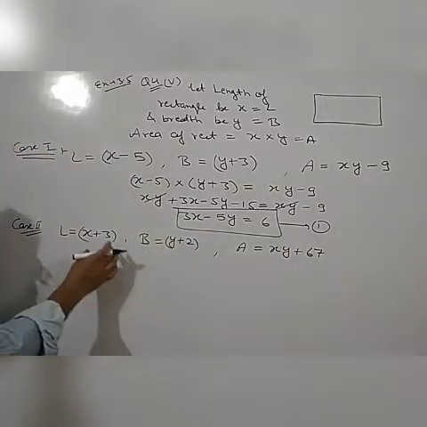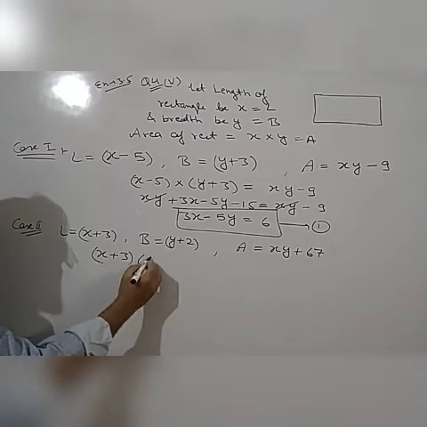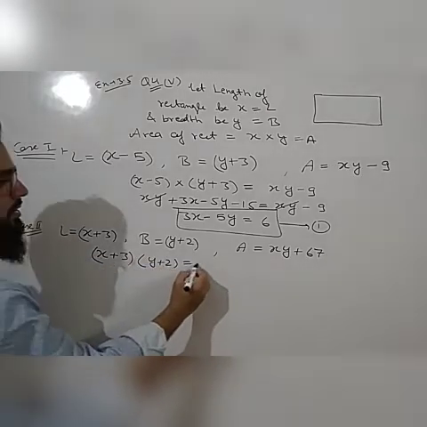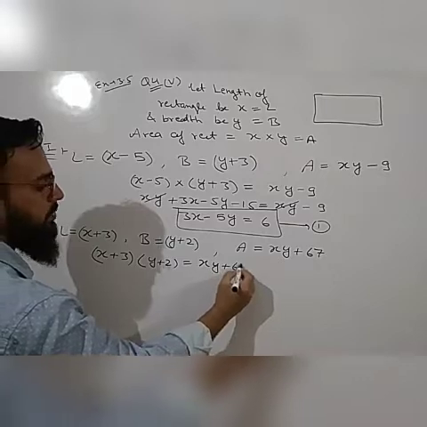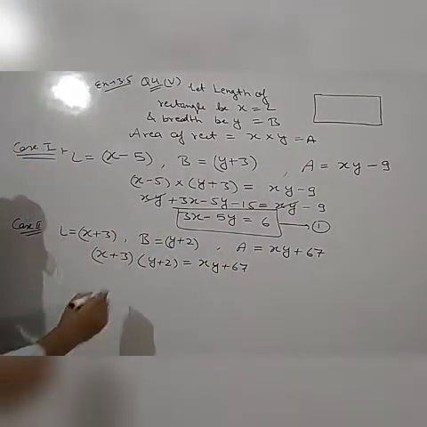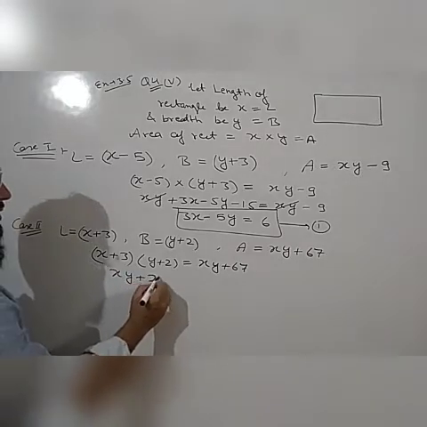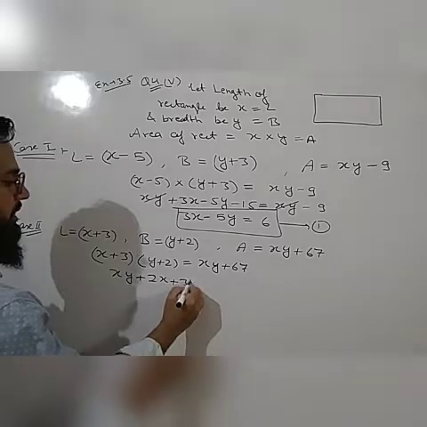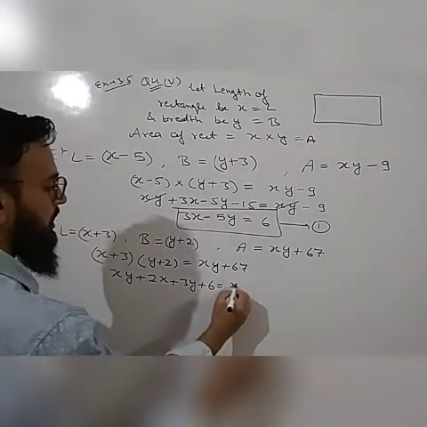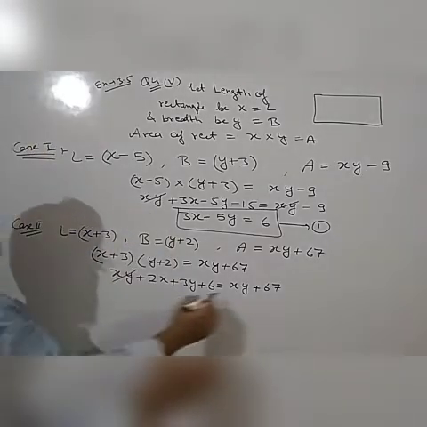Area will be, initial area was xy and it is increased by 67 square units. So again, putting the values, we will get x plus 3, it is length, into breadth is equal to area, xy plus 67. Now again, solving these, we will get xy plus 2x plus 3y plus 6 is equal to xy plus 67. Again, this xy will cancel out.